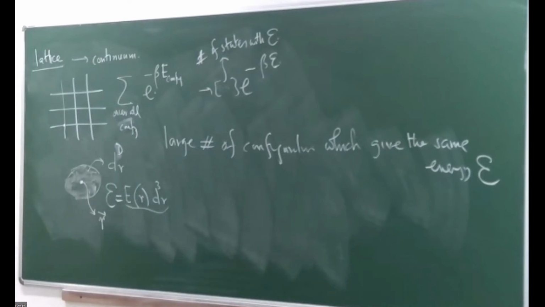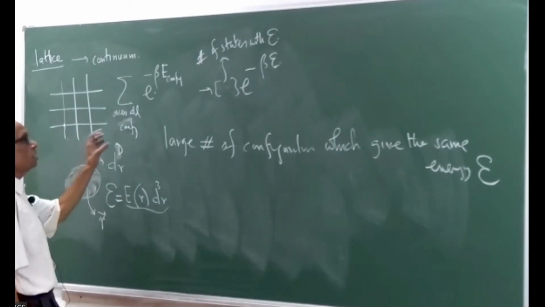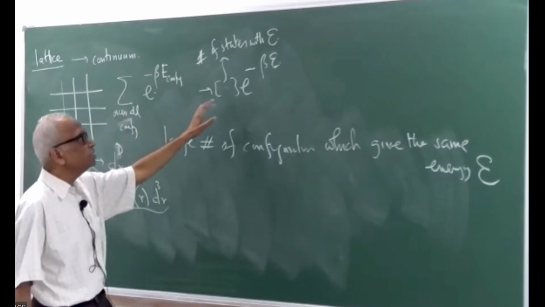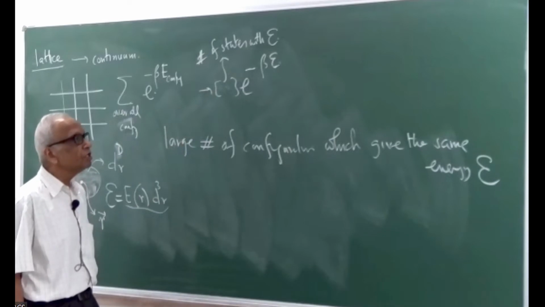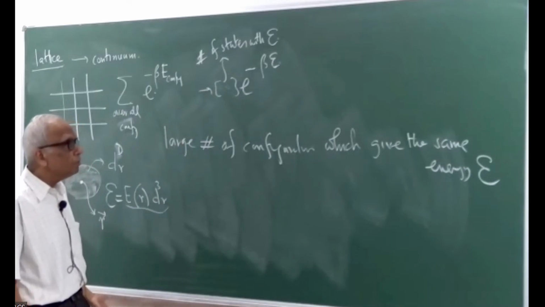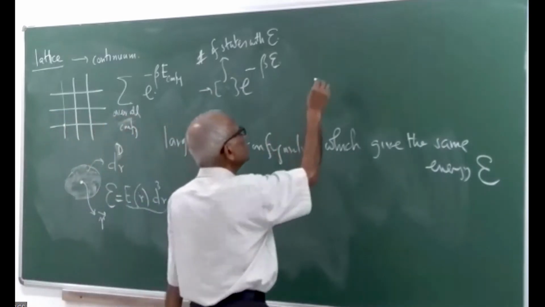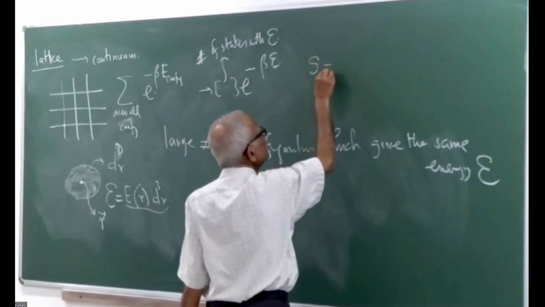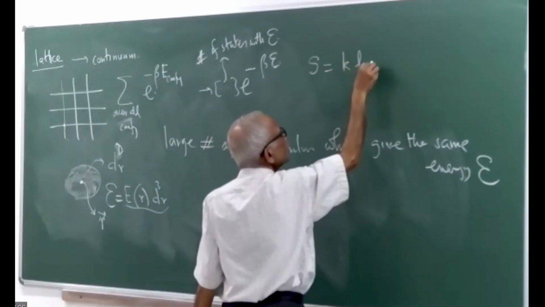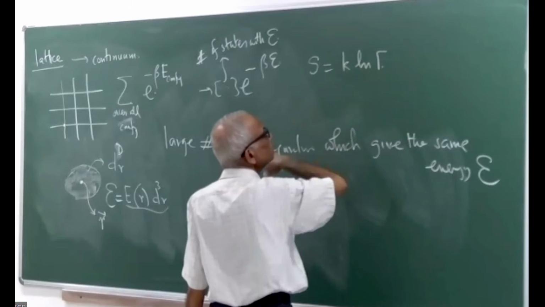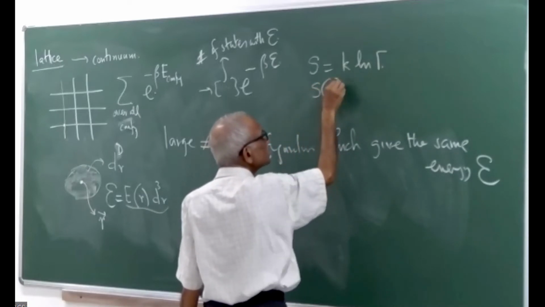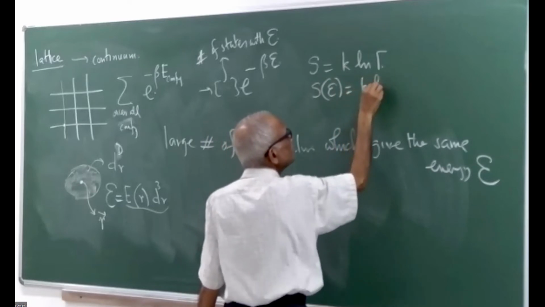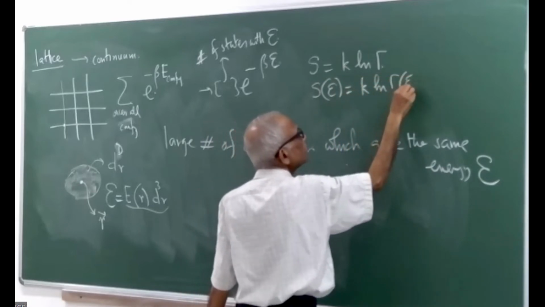So the point is that there is a significant number of states with this energy, which I have to write down over here. So what do I know about it? What I know is that the entropy is k log gamma, where gamma is the number of states. So I use S of epsilon equal to k log gamma.